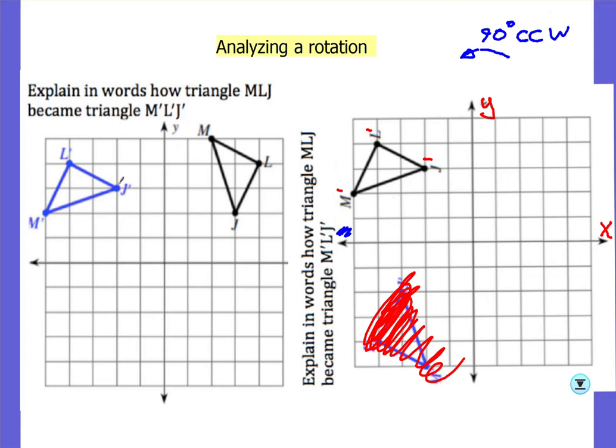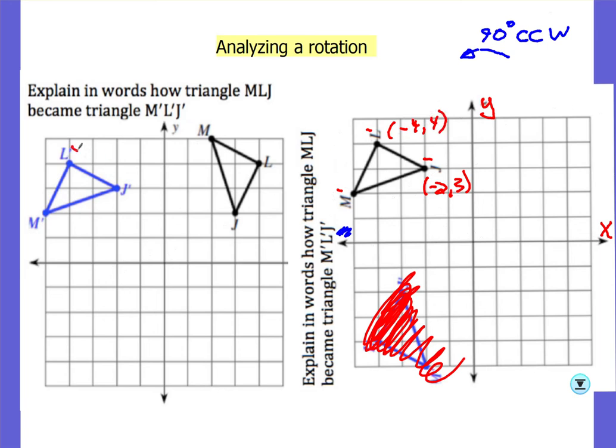So J prime is left 2 or negative 2 on the X, 3 on the Y. Looks like that's the same here. So negative 2 comma 3. Same coordinate here. Looks like the same for L prime. I am left 4 up 4 or negative 4 comma 4.